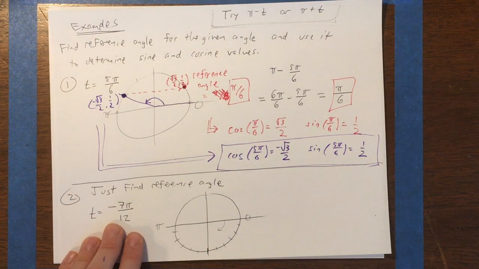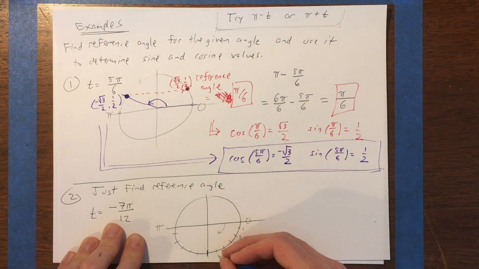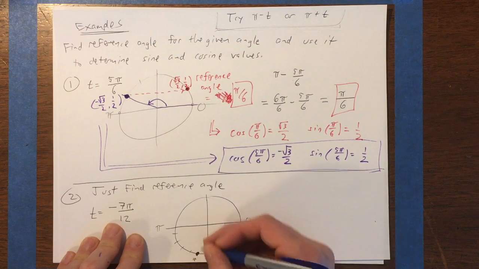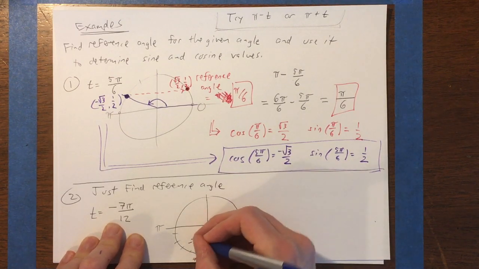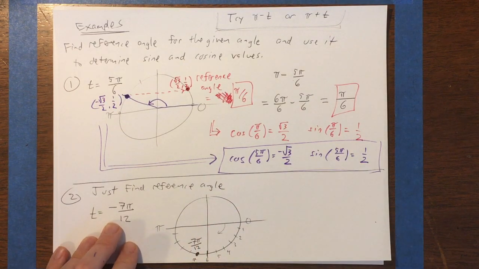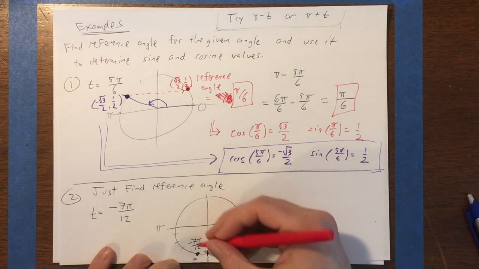So negative 7. Here's negative 1, 2, 3, 4, 5, 6, 7. There we go, right there. That is the terminal point for negative 7 twelfths of pi, right? Measuring down. So what we've got to do now is bounce it back.